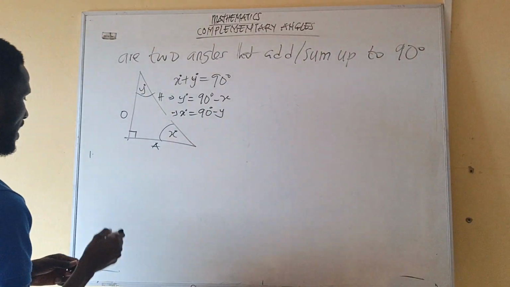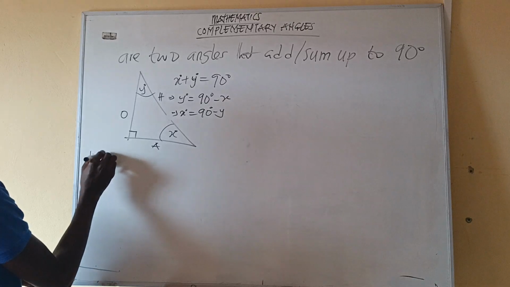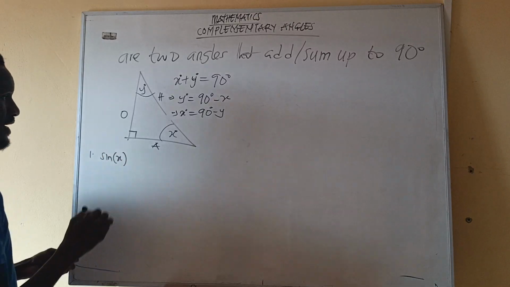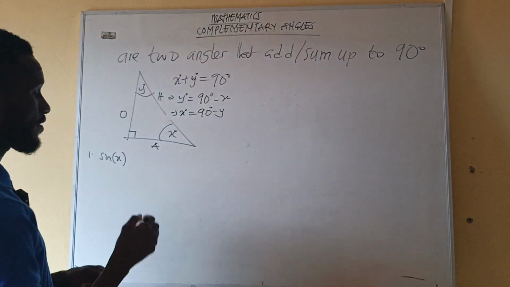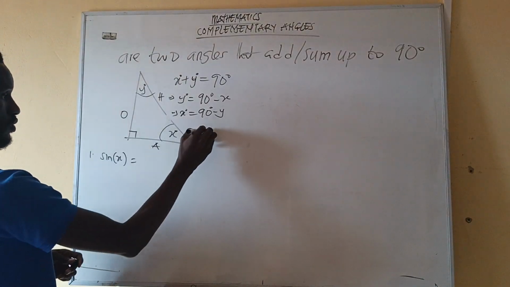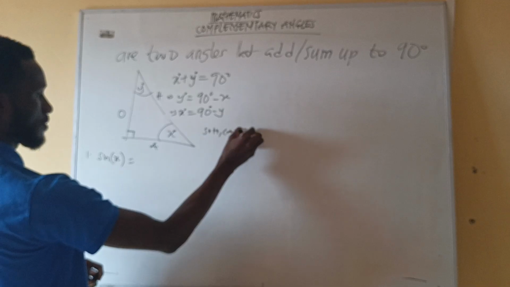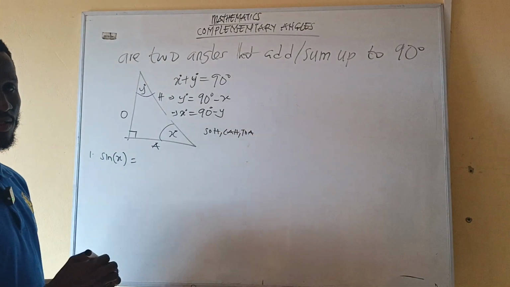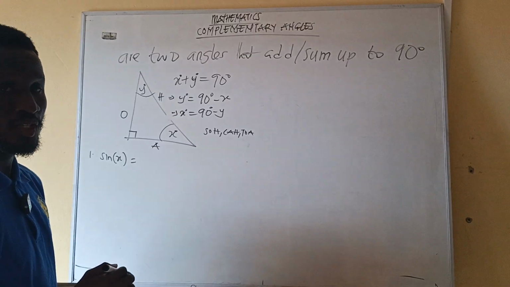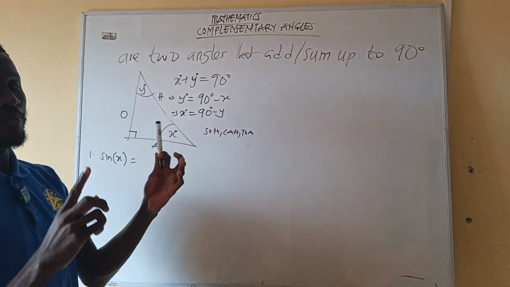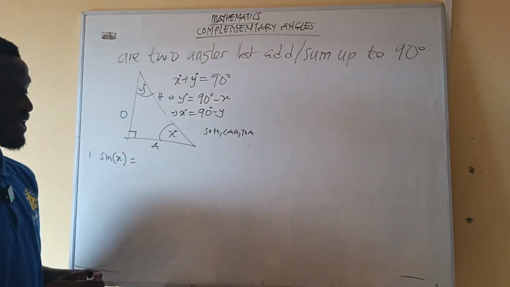Now, let's find sine of the angle x. Don't forget that sine is SOH, and SOH means opposite over hypotenuse. Go and check our previous video to know more about this.